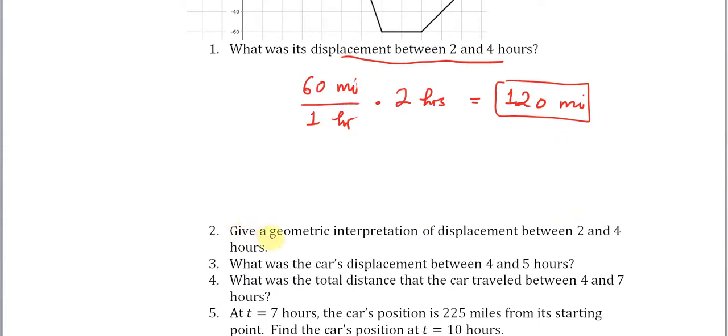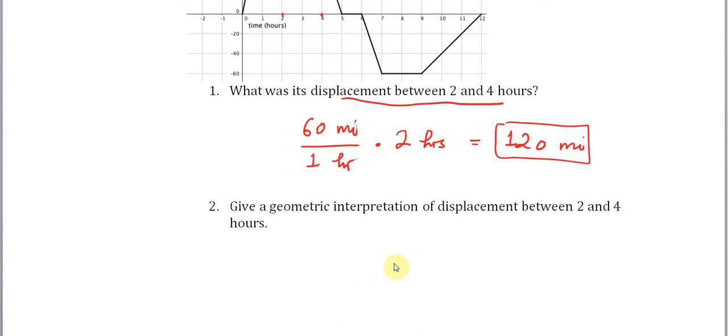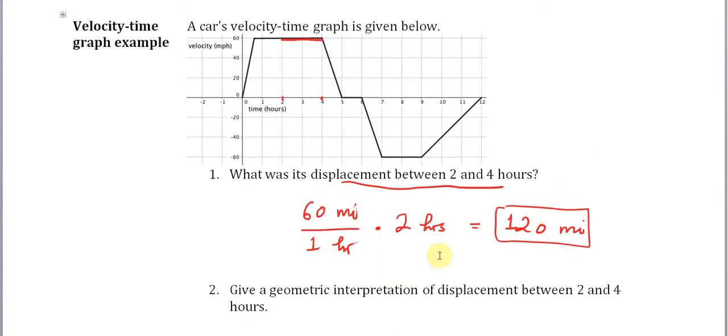Give a geometric interpretation of displacement between 2 and 4 hours. So let's think about what this number here means geometrically. What we did here is we took the distance from 2 to 4, we subtracted, and then we multiplied it by the height of this function right here.